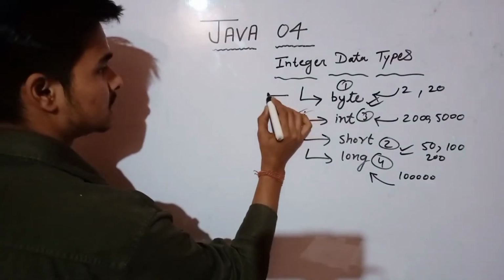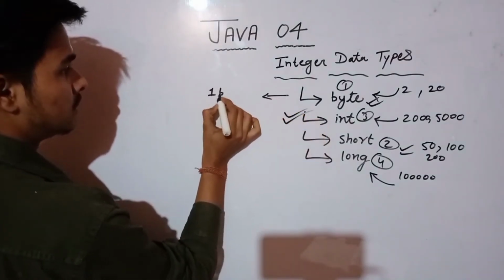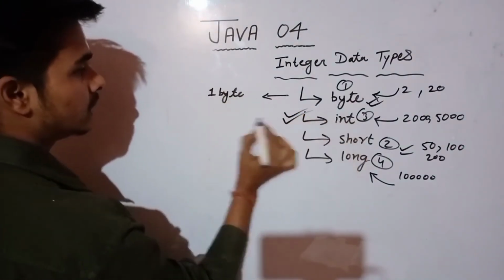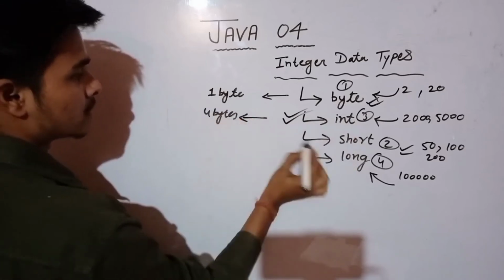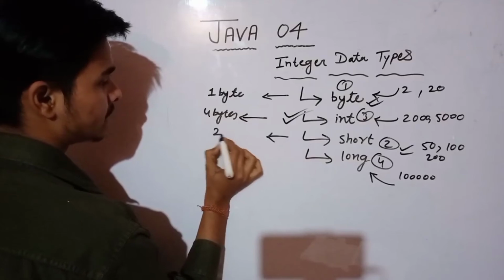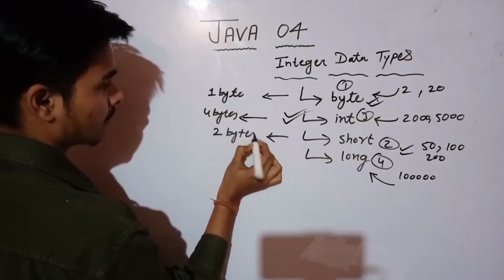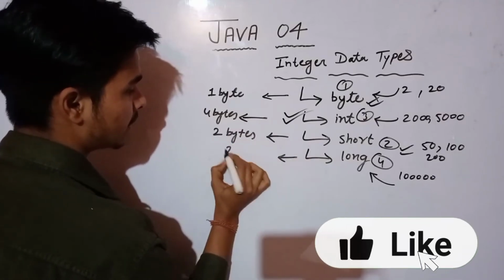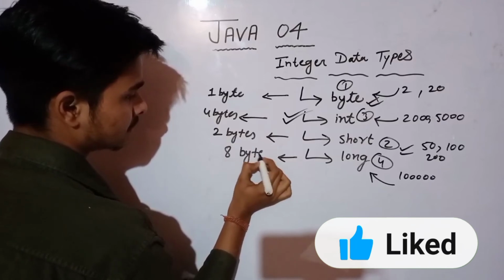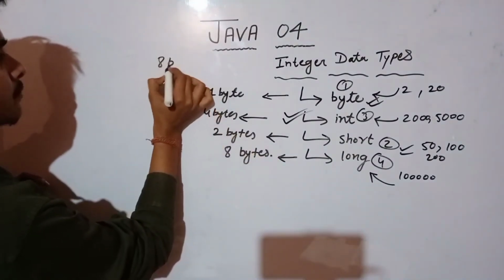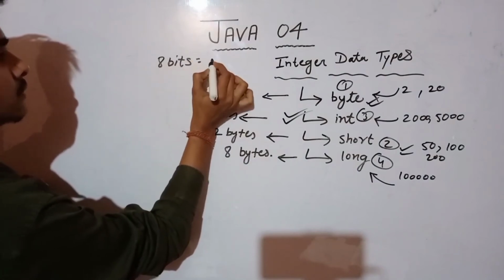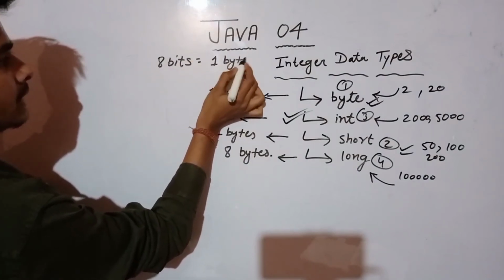If I talk about sizes, byte is of 1 byte, int is of 4 bytes, short is of 2 bytes, and long is of 8 bytes. You should also know that 8 bits equals 1 byte.